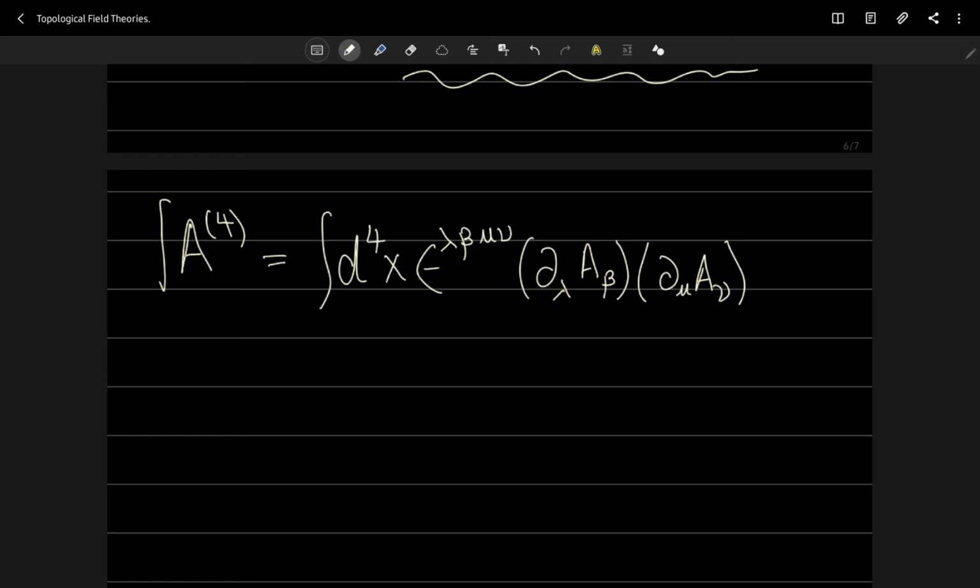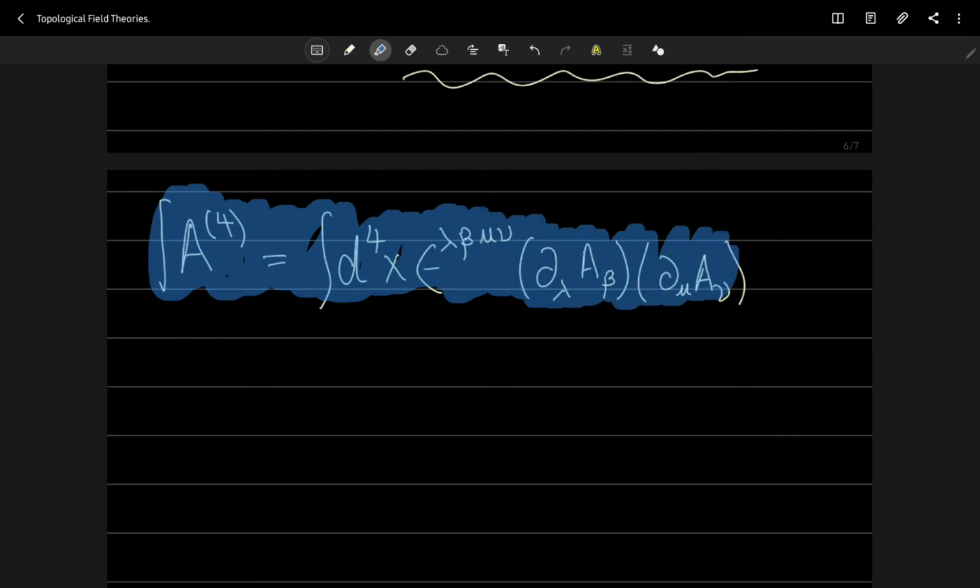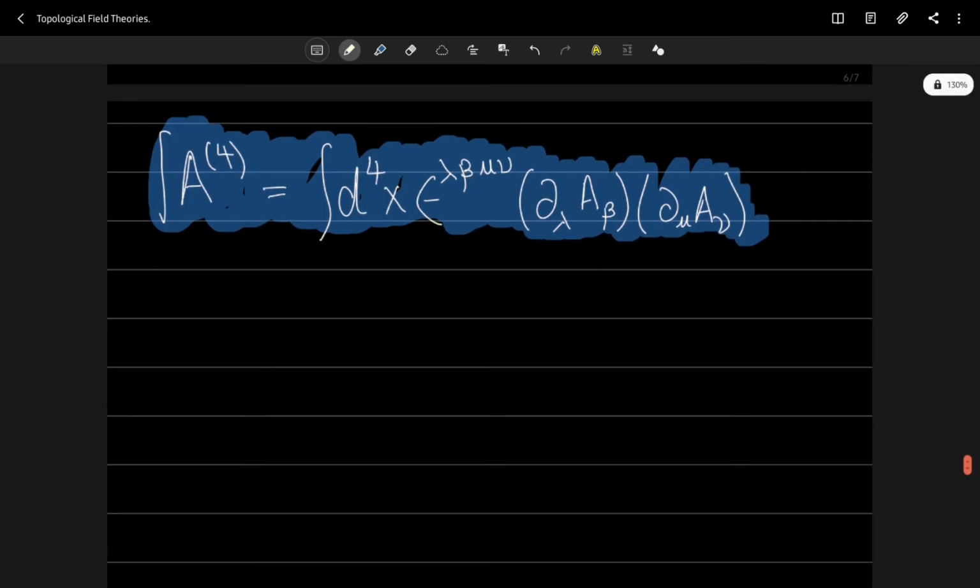Okay, so now if you look at this expression, I think next time instead of highlighting, I'll just circle it, that's much quicker. This expression over here does not depend on the metric, and you can clearly see that.